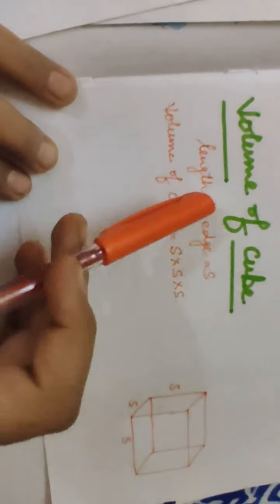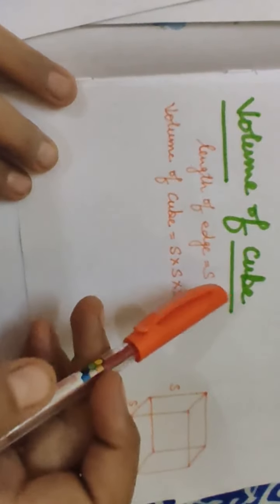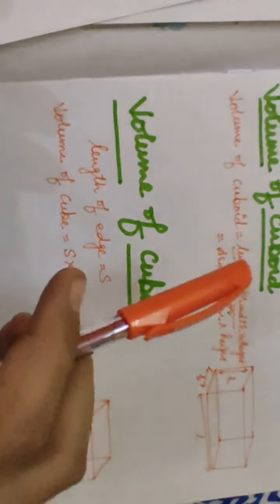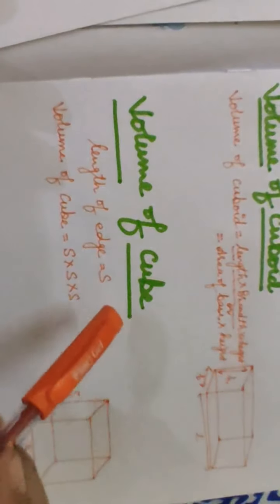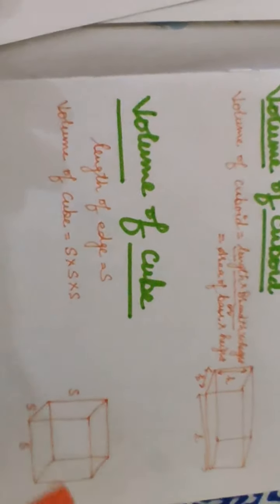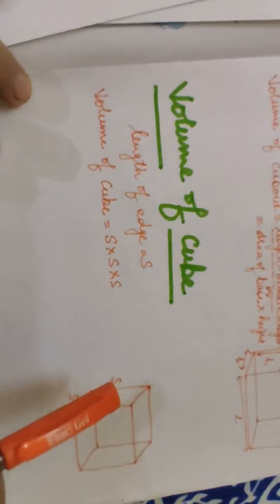Now students, let us talk about the volume of a cube. So what is the main difference between a cube and a cuboid? See, in a cuboid the length, breadth and height are different, but when we talk about a cube, the length, breadth and height are the same.